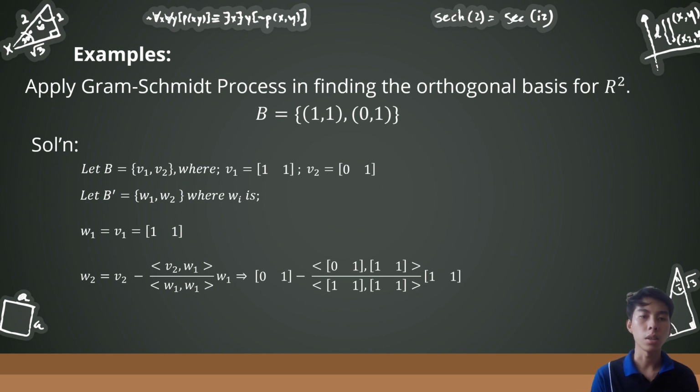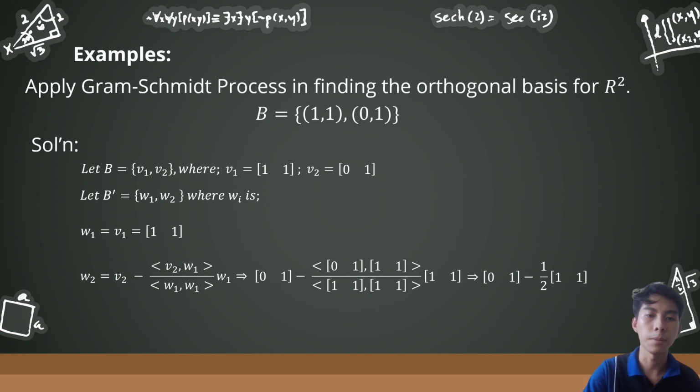We need to solve for the inner products of these vectors. The inner product of the vector 0 and 1 and 1 and 1 is 1, since 0 times 1 plus 1 times 1 is equal to 1. Then the inner product of vector 1 and 1 with vector 1 and 1 is equal to 2, since 1 times 1 is 1 plus 1 times 1 is 1, and 1 plus 1 is equal to 2.